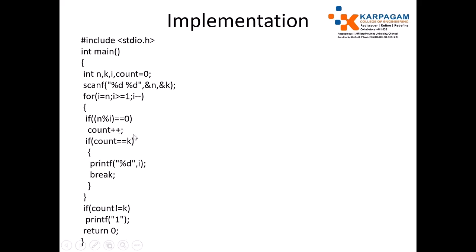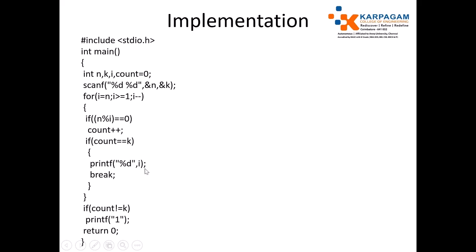This count value is used to track the kth factor. If it is 1, it is the first greatest factor. If it is 2, it is the second greatest factor. Here the input is given as k. If count reaches k, you can say that we have obtained the kth factor of n.